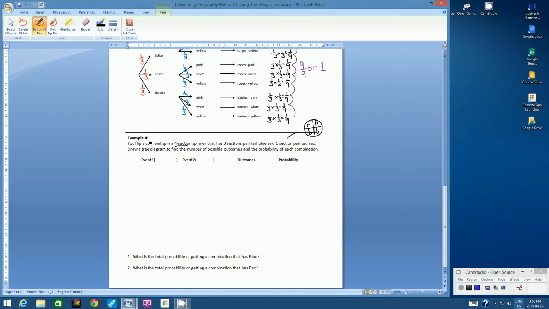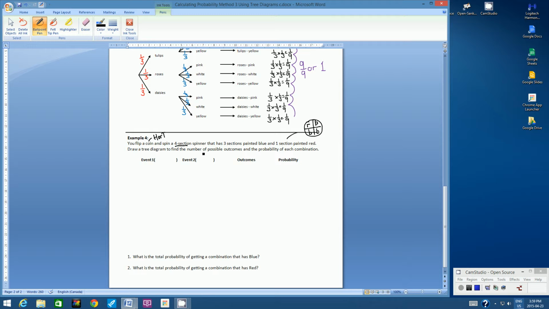Flipping a coin, well, you know what flipping a coin does. We have heads or tails. So what is the first event going to be? Well, the first event is the coin flip. And then what is the second event going to be? The second event is going to be the spinner.